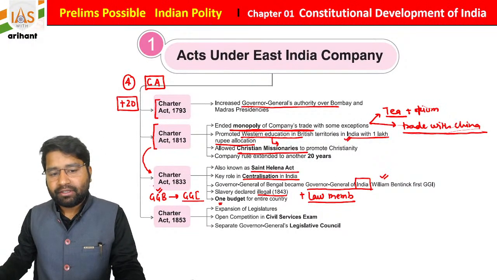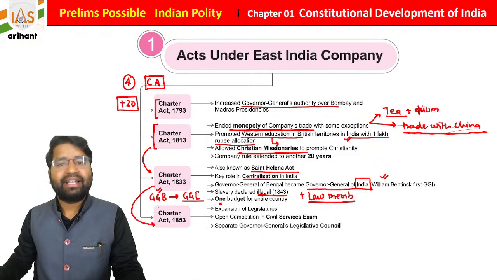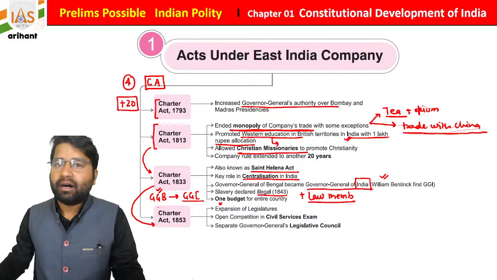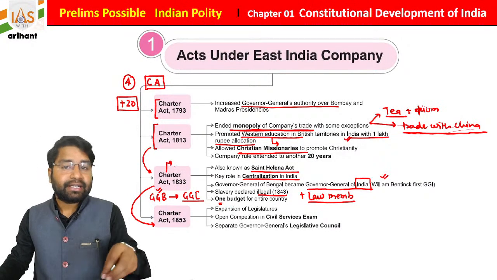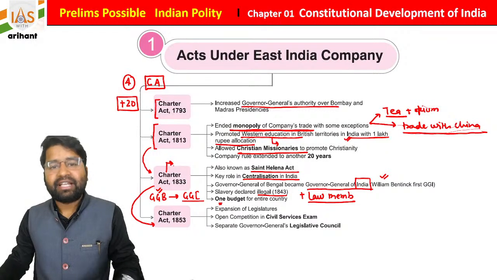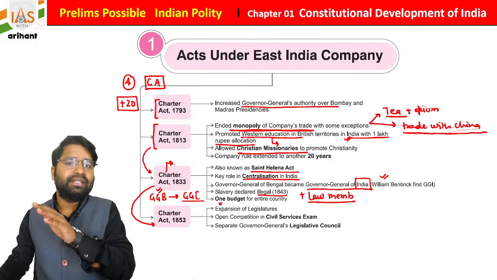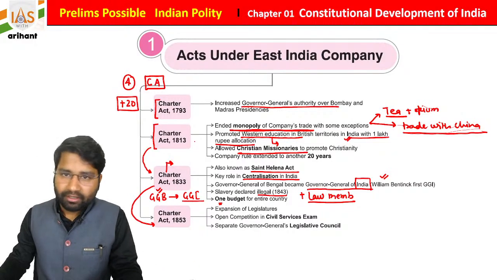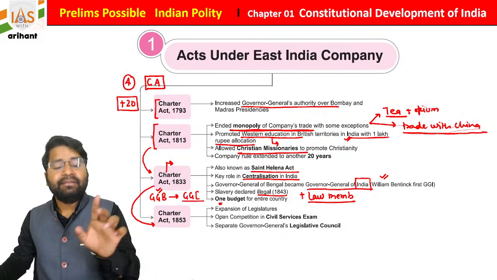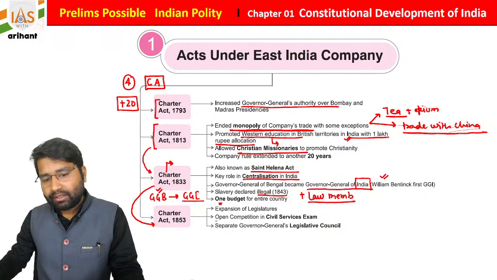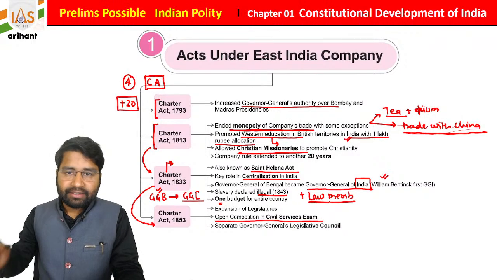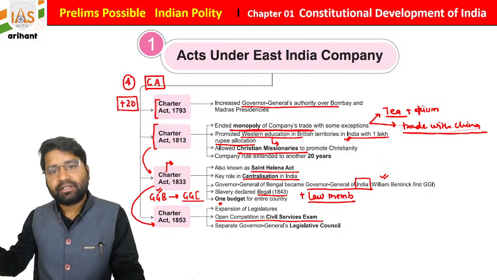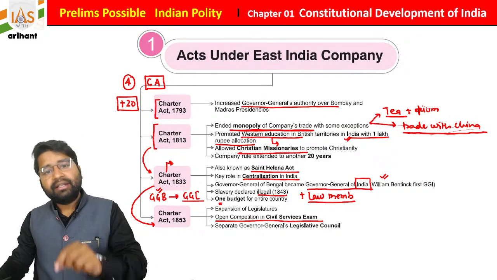And just after 20 years, they introduced once again a new charter, in 1853. See, in 1833 they tried to give the open examination right to Indians, but that was negated, that was ended. But in 1853 they gave the right to participate in the civil services examination, the Imperial Civil Services, and Indians could also participate.